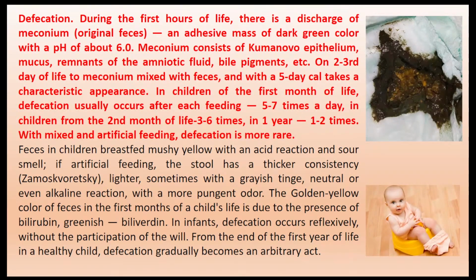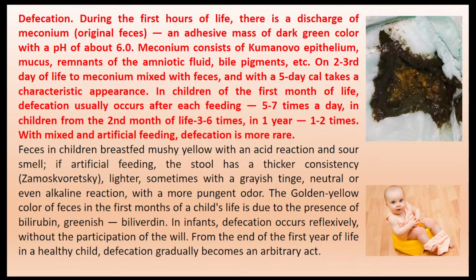Defecation. During the first hours of life, there is discharge of meconium. Meconium is the primary feces, or original feces. It is an adhesive mass of dark green color with pH about 6.0.